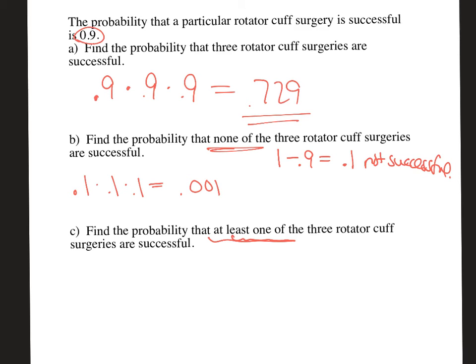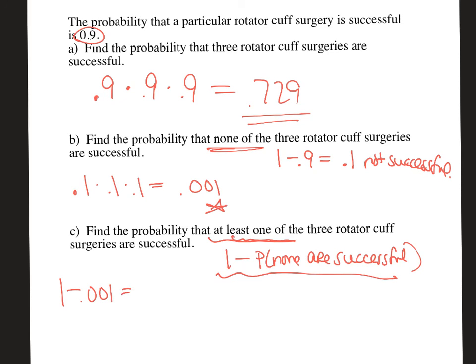So remember, you're just going to do 1 minus the probability that none of the 3 are successful. I think I spelled successful wrong. It looks weird. Sorry. Again, you're looking for the complement of this. So it's 1 minus 0.001, which is 0.999.